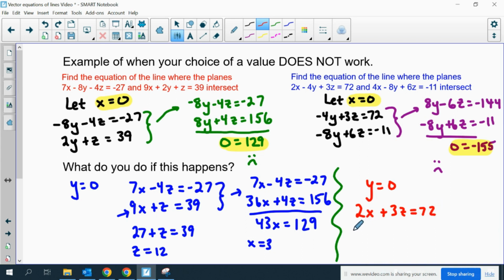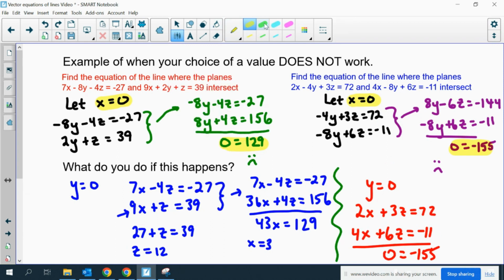And 4x plus 6z equals negative 11. Now if I multiply the top one by negative 2, what I'm going to notice is that all of these still go away, and this would be negative 144 minus 11. I still get negative 155. So this is a bigger issue. Like, it doesn't matter. I plug in x equals 0, y equals 0, this still doesn't work.